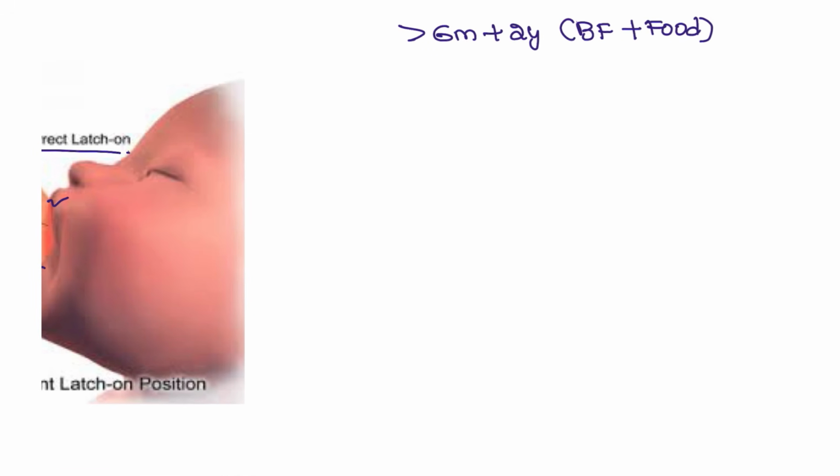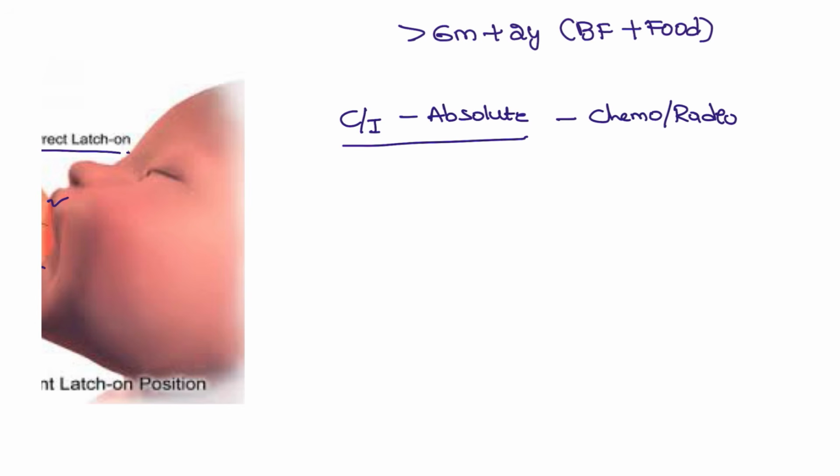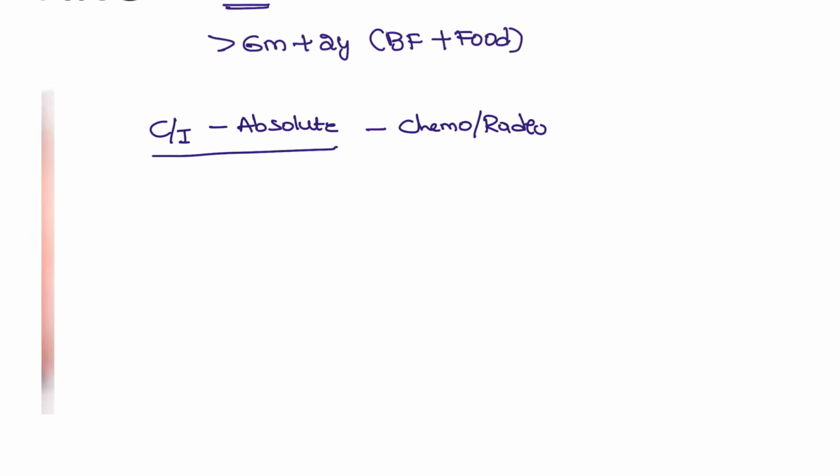Then which patients are contraindicated? Absolute contraindications, especially the mother who is taking chemotherapy or radiotherapy, because these toxic materials can go into the baby, that is a contraindication. And a baby who is suffering from galactosemia, or lactose intolerance, is contraindicated.